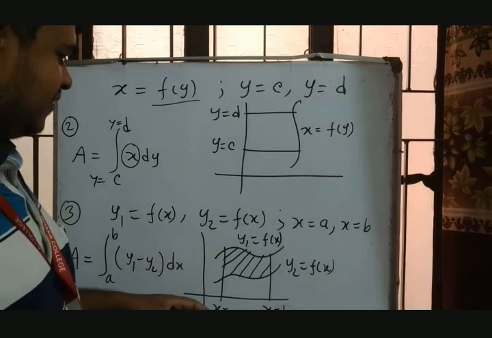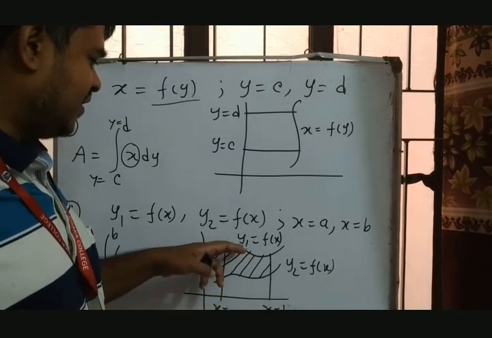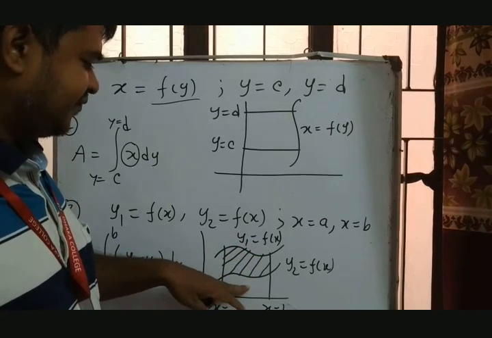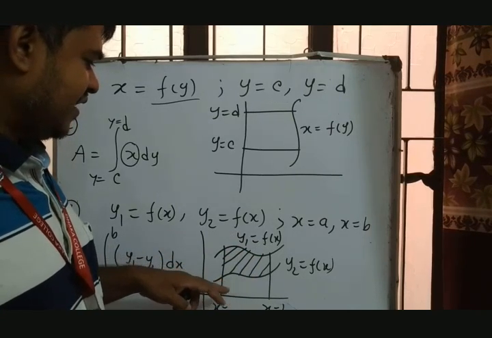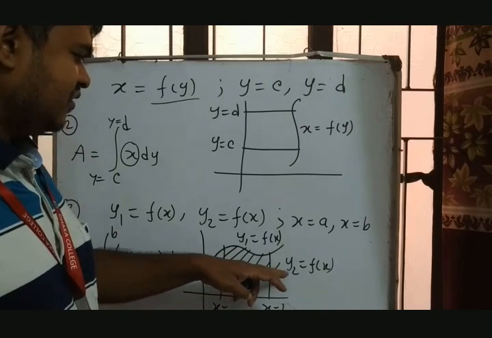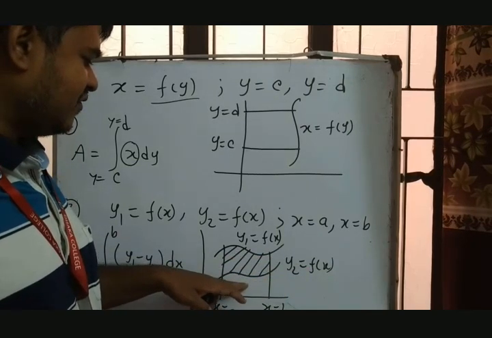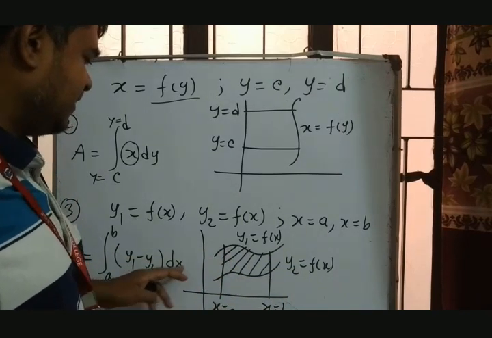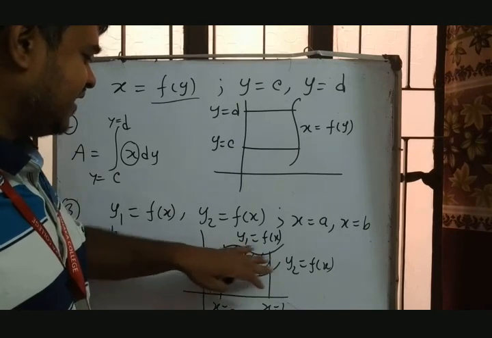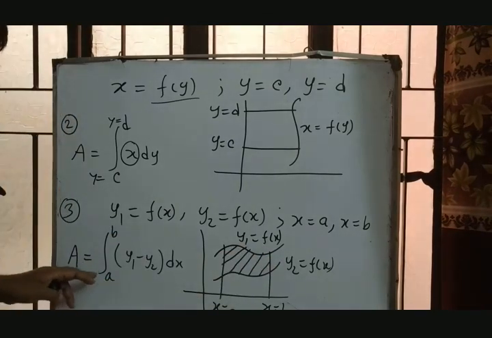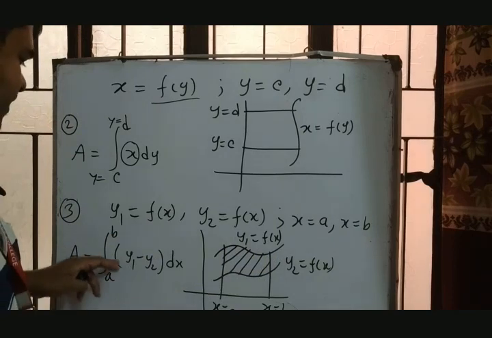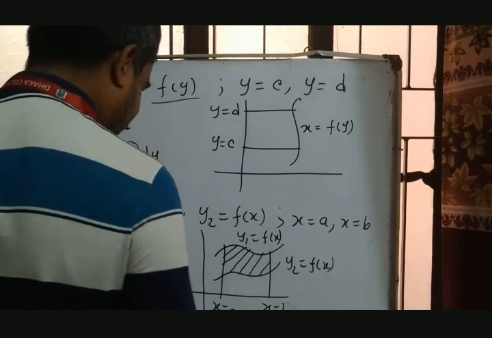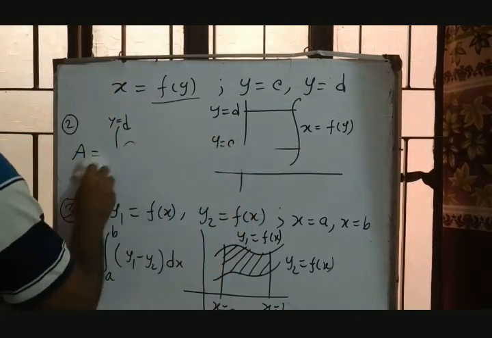Here, by using this limit, the function y1 covers the whole area, including white area, and the function y2 is equal to f of x cover the area only white area. If we minus from y1 to y2, then we get the required area of this shaded region. So we can use this formula: A is equal to a to b y1 minus y2 dx. This is number 3.